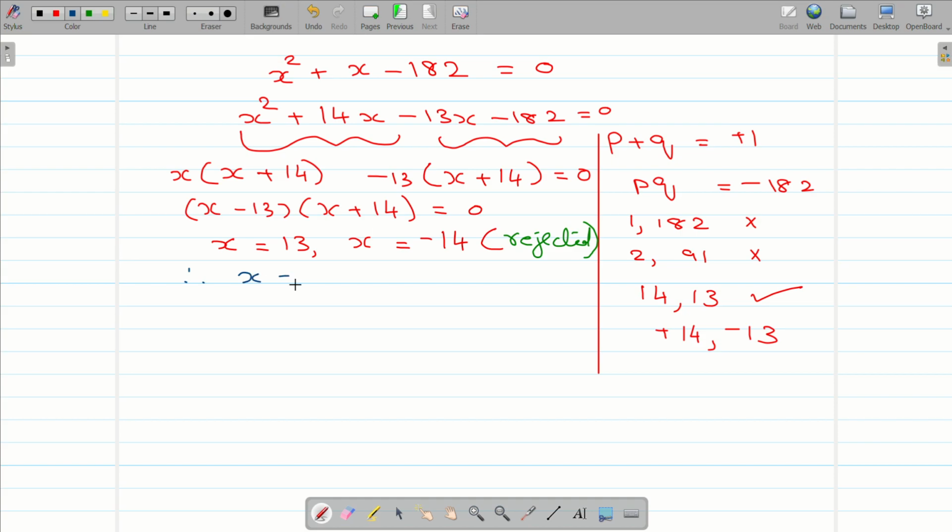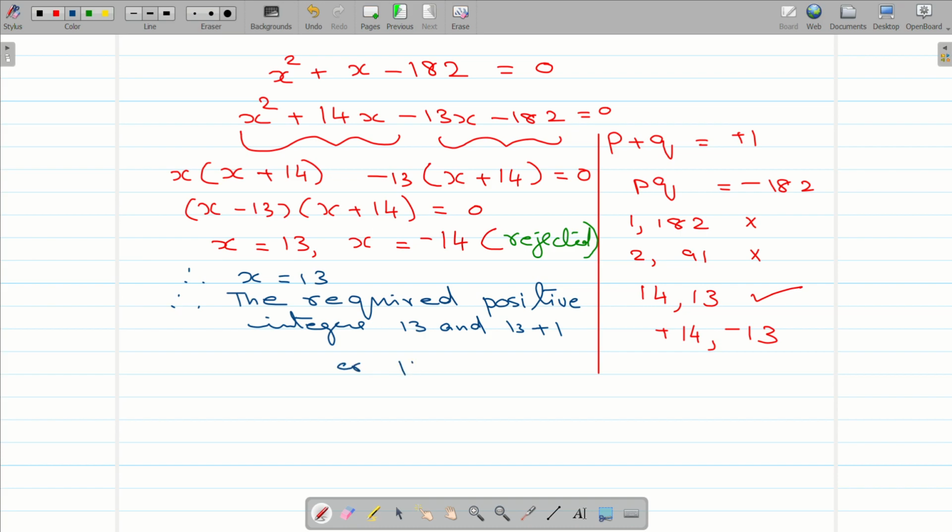Therefore, x is equal to 13. Therefore, the required positive integers are 13 and 13 plus 1, or 13 and 14.